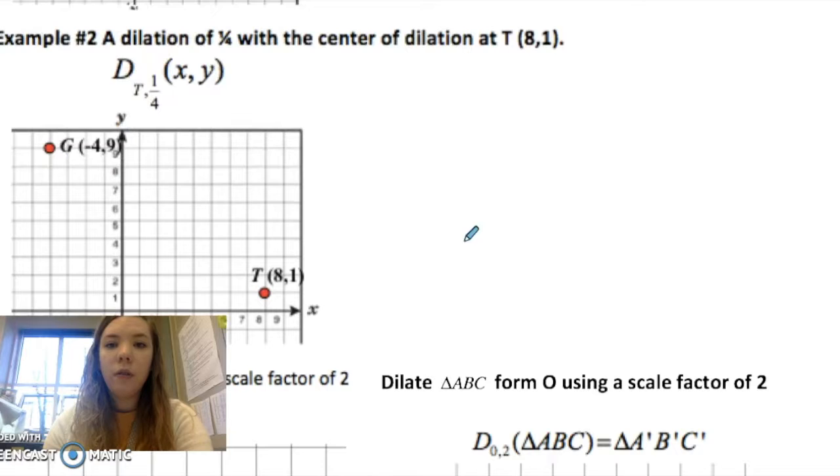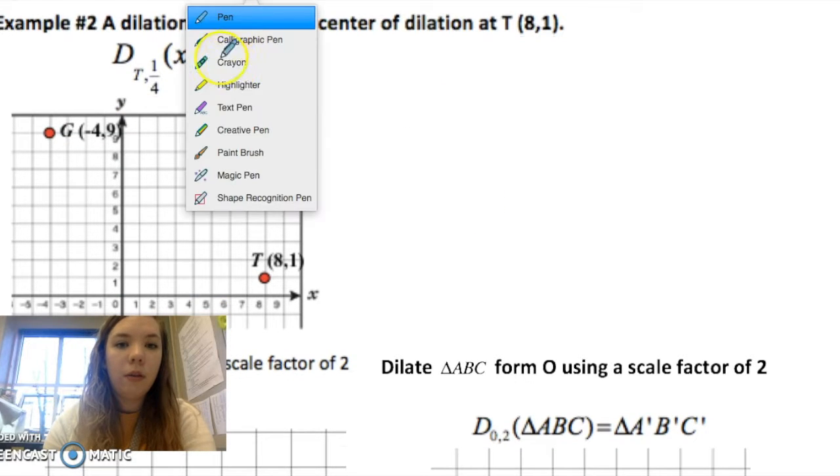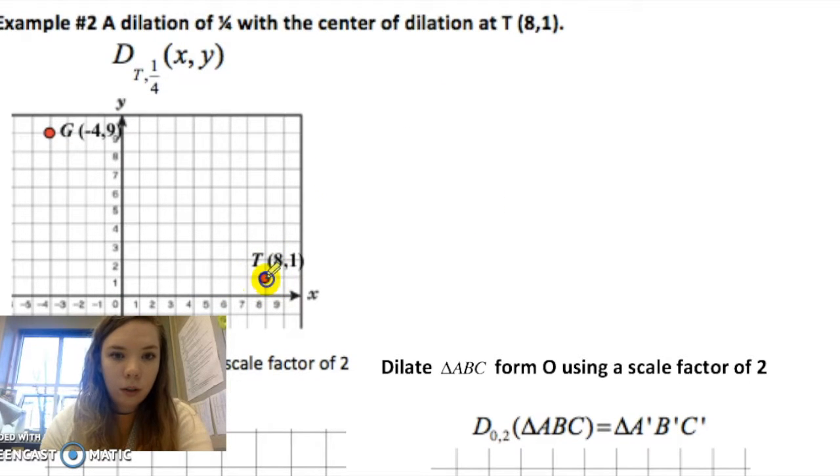A dilation of 1/4 with a center at (8, 1). Okay, so 1/4 means we want to take the distance and cut that by 4, or divide by 4. So if I go up 8 and over 12, so we're going up 8 over 12.